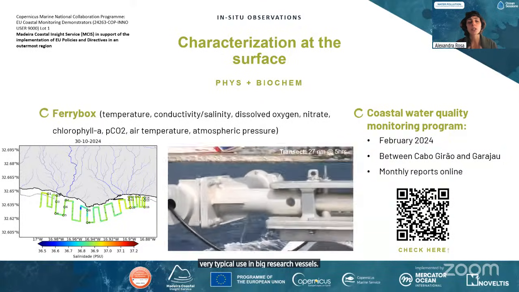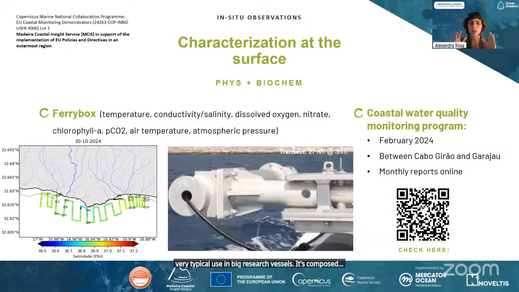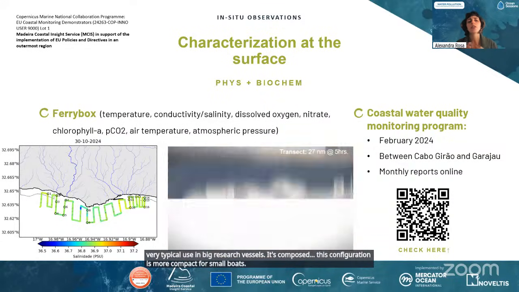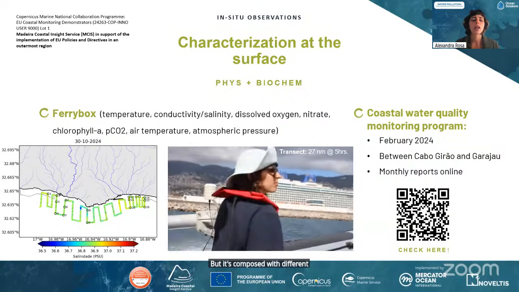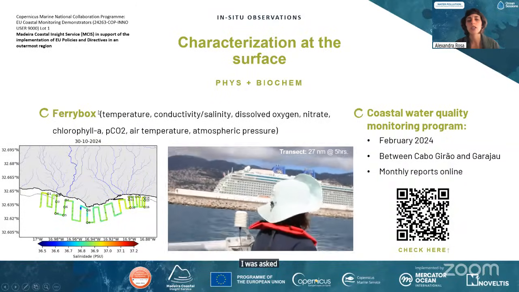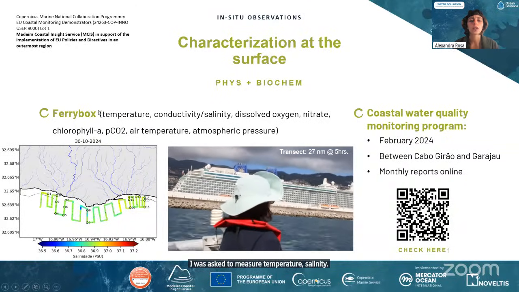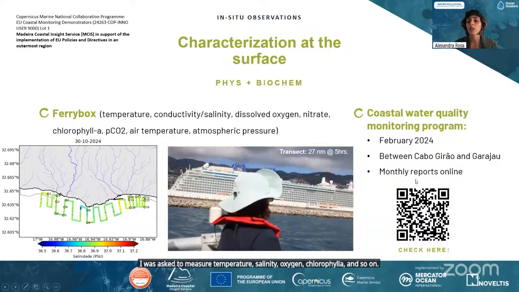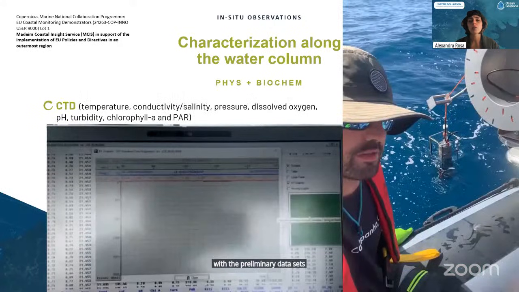This configuration is more compact for small boats, but is composed of different kinds of sensors that allow us to measure temperature, salinity, oxygen, chlorophyll, and so on. And every month we produce monthly reports, available online on the Oceanic Observatory of Madeira website, with the preliminary data sets.